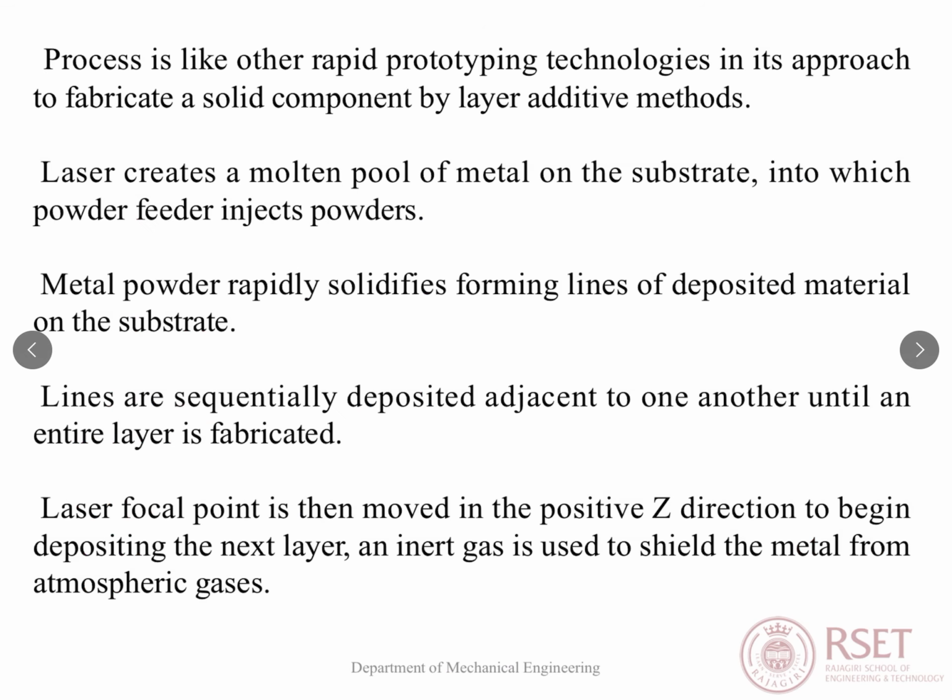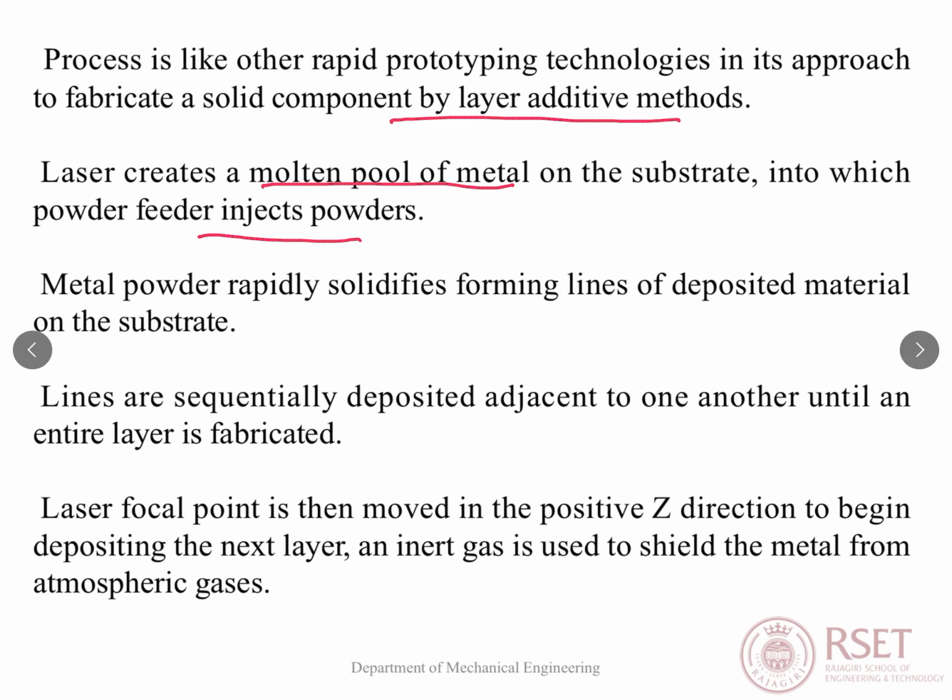The process is like another rapid prototyping technology in its approach to fabricate a solid component by a layer additive method, so it's an additive process. The laser creates a molten pool of metal on the substrate, into which the powder feeder injects additional powder.